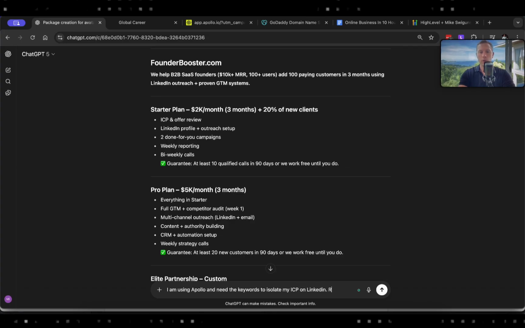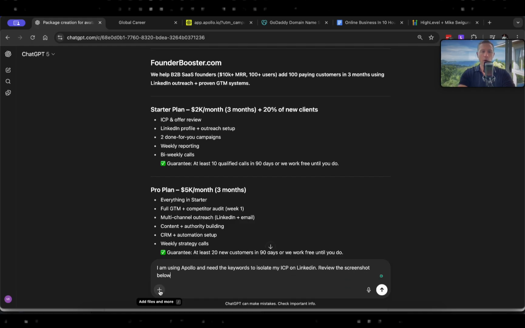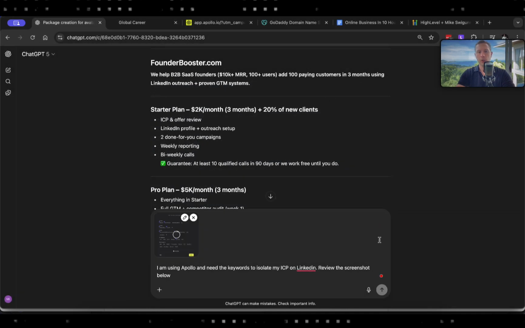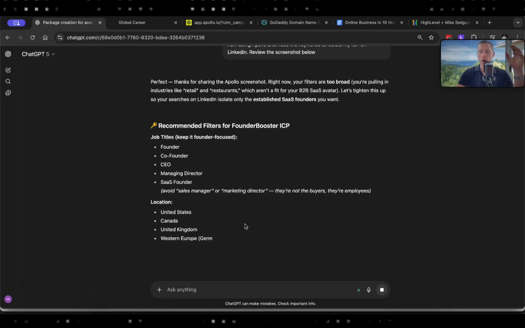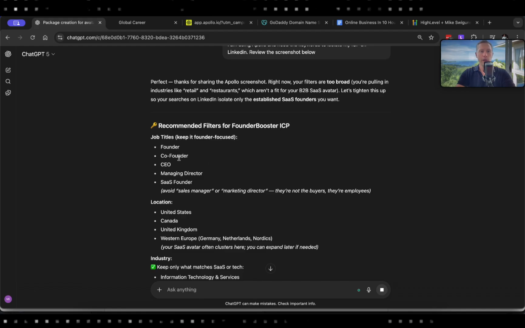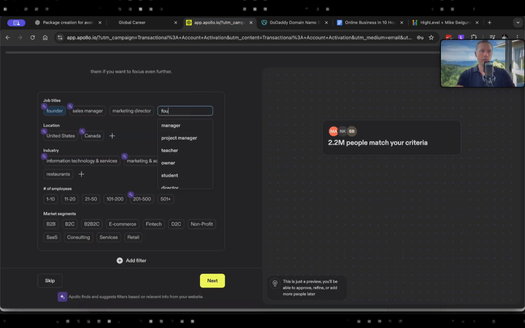Review the screenshot below. All right, so we're going to paste this, add the screenshot in here, and then use AI to help us generate better targeting for our ICP. And here are some of the keywords: founder, co-founder, CEO, managing director. So let's just put founder.